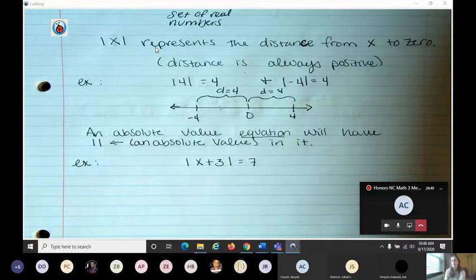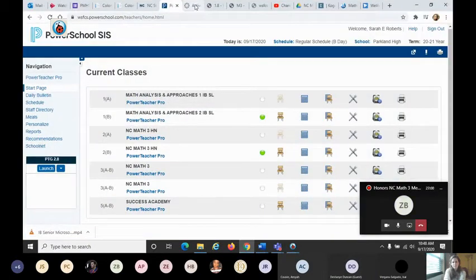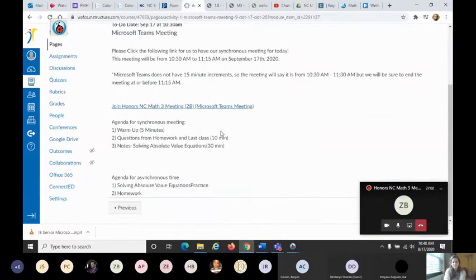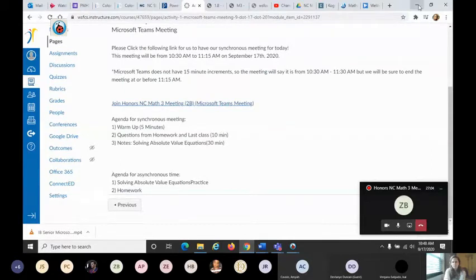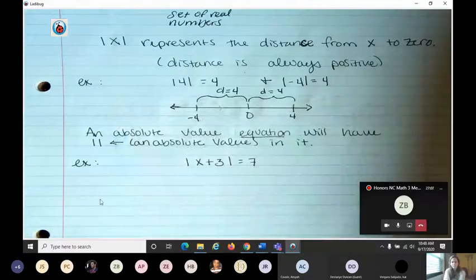Okay, and with this example, I'm going to show you guys how to solve this equation. Okay, can you slow down, please? Okay, where are y'all in writing these notes out?